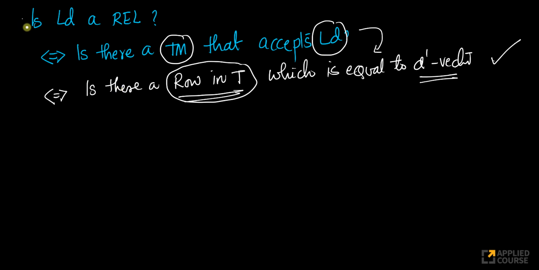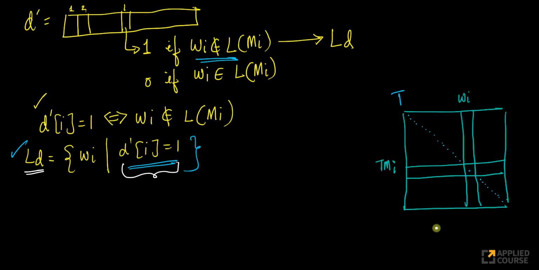We have translated this problem into finding a row in T which is equal to the d dash vector. Look at this, this is my T table. I want to find a row which is equal to my d dash vector. Let's assume there is a row called i.